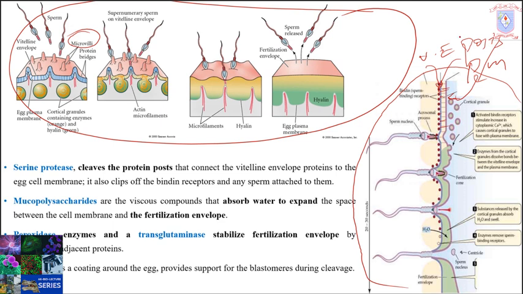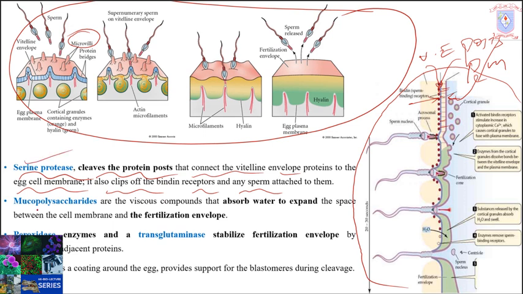Serine proteases cleave the protein posts that connect the vitelline envelope proteins to the egg cell membrane. They also clip off the binding receptors and any sperm attached to them. That means if any sperm get attached to the vitelline envelope, those connections will be removed by serine proteases.